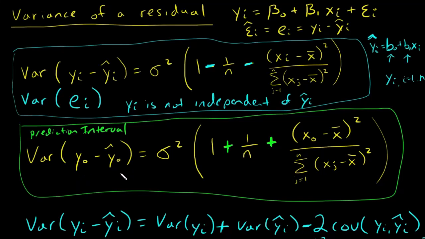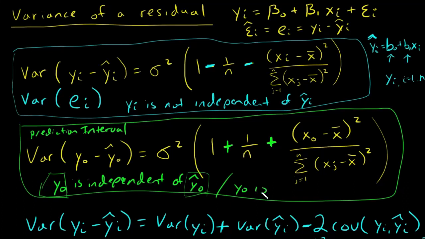So in this case, when we are trying to find a prediction interval, y naught is independent of y naught hat, because theoretically y naught is not observed, and so it did not go into the calculation for y naught hat. That's why we use the not, and we don't use the i.